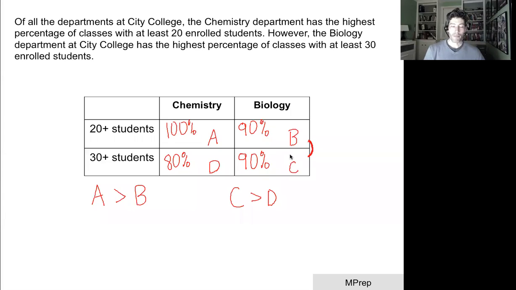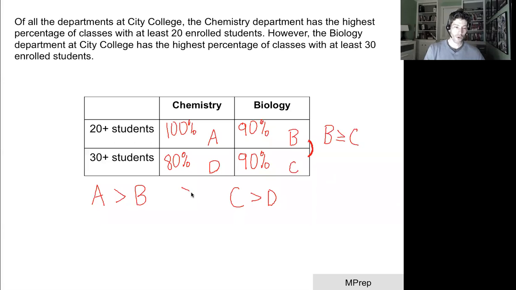But it's impossible to have C be greater than B. 30 or more students is a subset of 20 or more students. It's like if you're a square, you're a rectangle, not necessarily the other way around. So B can be greater or equal to C, but C cannot be greater than B, because it's a subset of B.